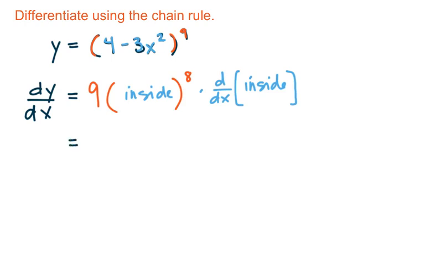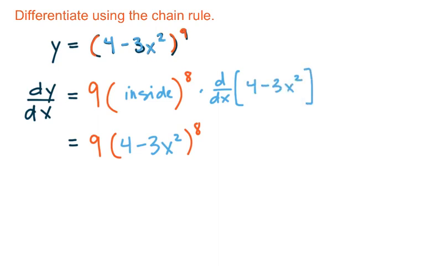So in this situation, as I simplify, that's 9. My inside function is 4 minus 3x squared, all of which is raised to the 8th, times the derivative of the inside. And my inside is 4 minus 3x squared. So when I take that derivative, the derivative of 4 is 0.